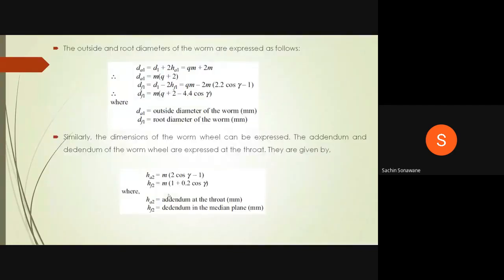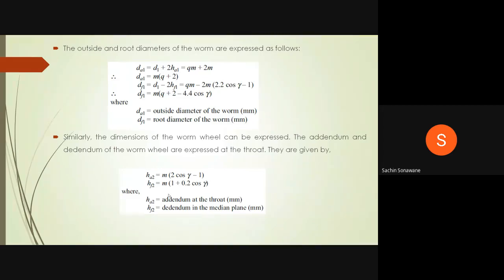The outside and root diameters of the worm are expressed as follows. da1 is equal to d1 plus 2ha1, which is equal to qm plus 2m. Therefore, da1 is equal to m into (q plus 2).